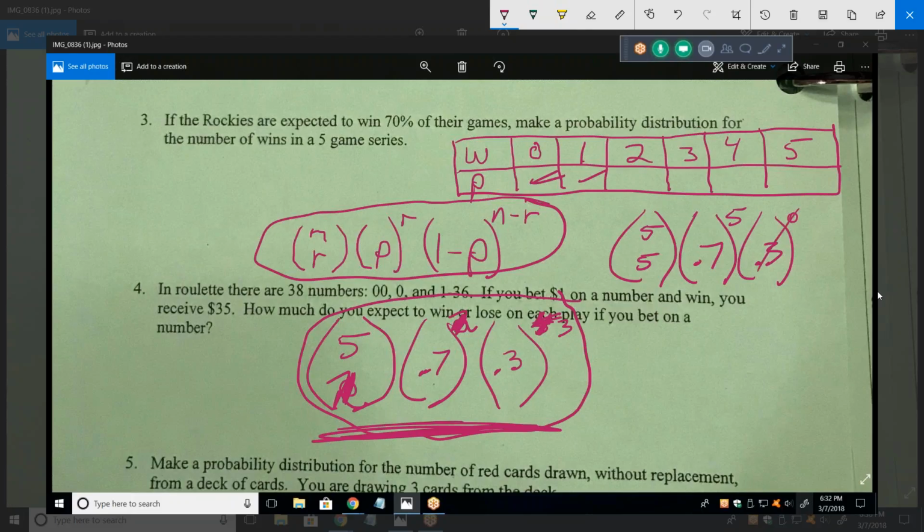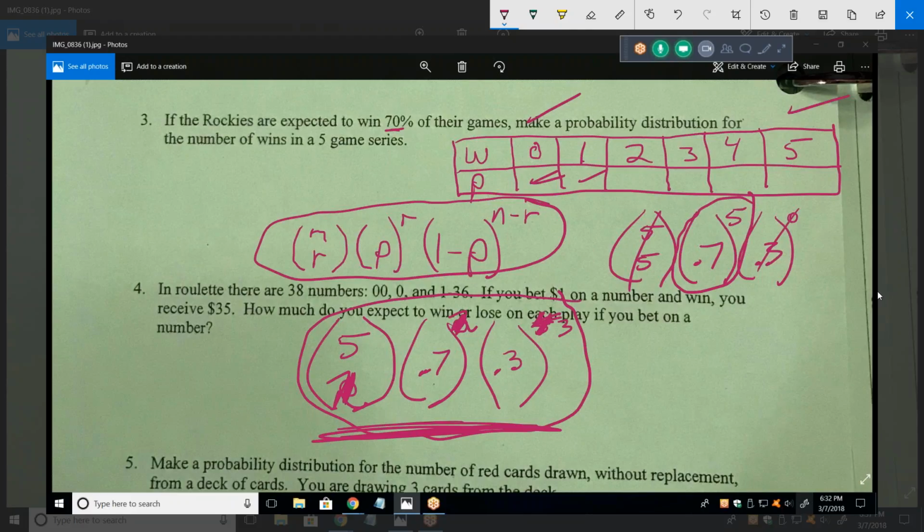That would be 0.7 to the 5th, which is exactly what would have to happen. They would have to win 5 games in a row, and their odds are 0.7 to win any given game. So the odds of them winning 5 in a row would be 0.7 to the 5th power.